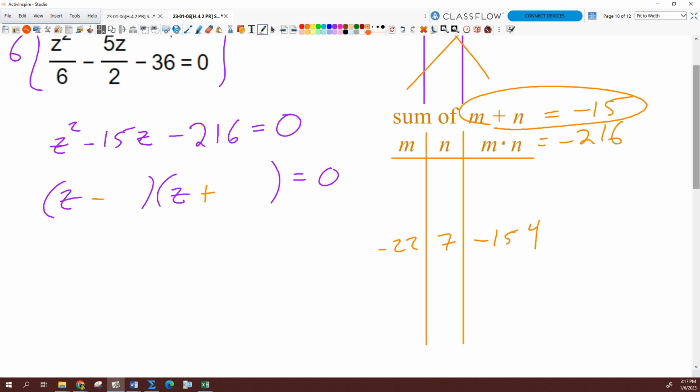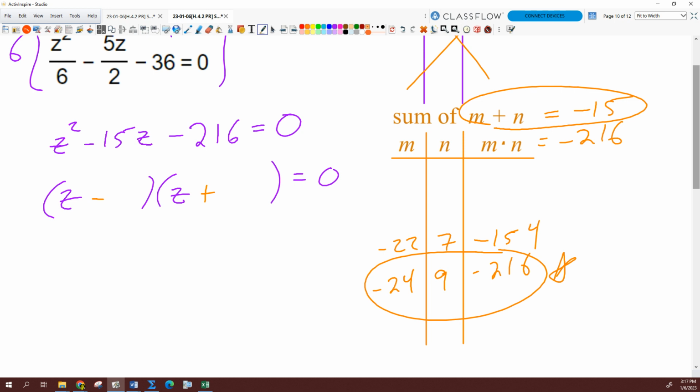Okay, so that's not right. I need bigger stuff. There we go. Let's move down the list. We need bigger numbers. Let's scoot down to negative 24 and 9. And what do you know? That gives us negative 216. Okay, good.